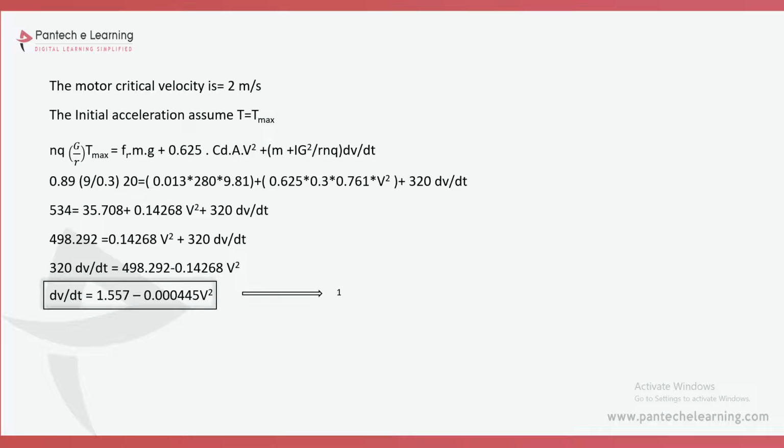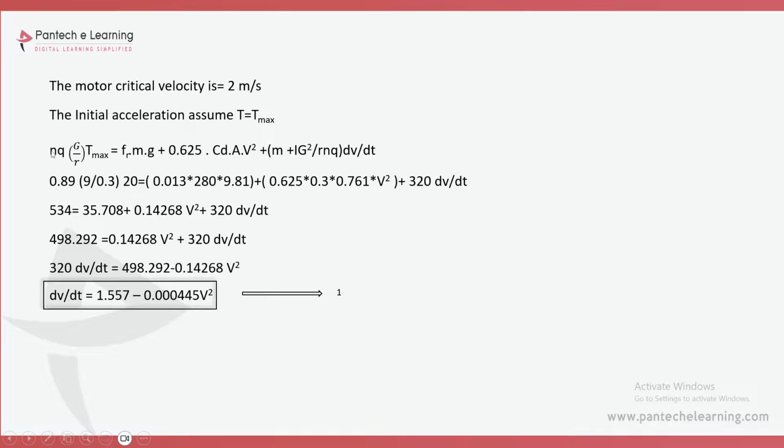Now for initial acceleration, assume T equals T max. Here the efficiency, G by R into T max; this formula comes from acceleration. Since I know all the values, we can substitute and convert into equation 1. Step by step, I will tell how to convert.